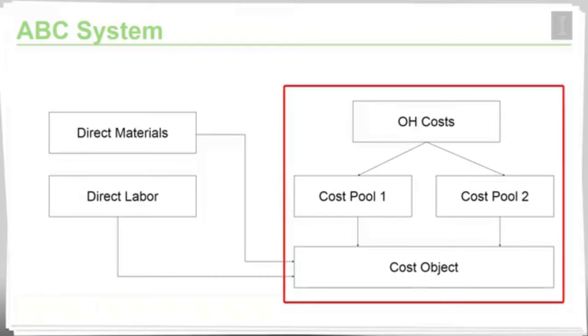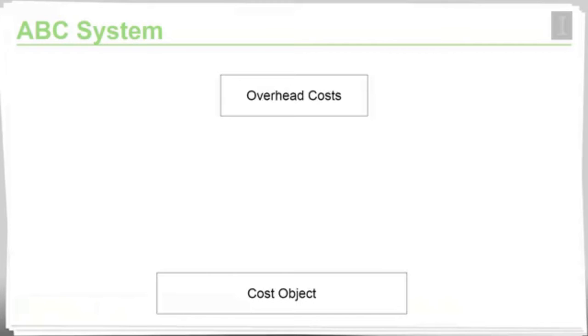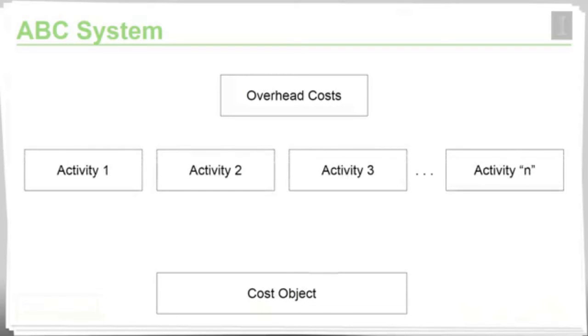Another way in which activity-based costing differs from a traditional costing system is in its variety and expansion. So again, we start with what we originally called overhead costs, and we think about how those overhead costs are used up by activities that are performed by the managers and employees inside of the organization. Now imagine that you have a job to list all of the activities that you engaged in throughout the day. Now you're just one person, and this is just one day, but I imagine that that list would be quite long.